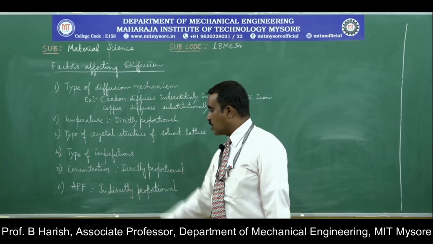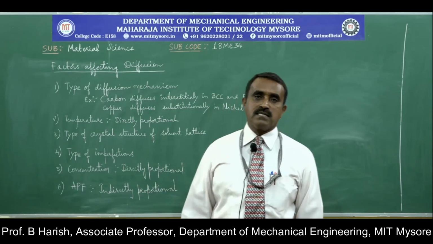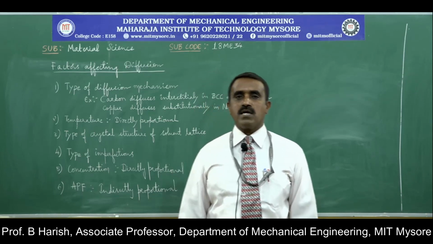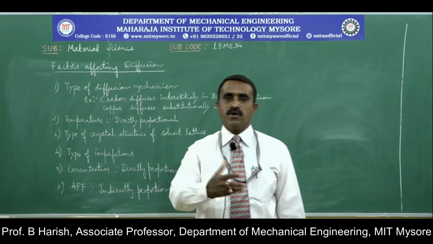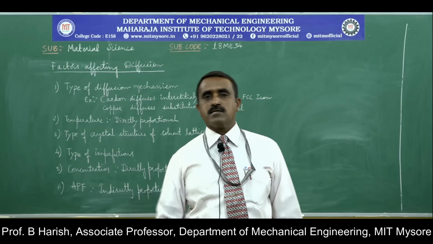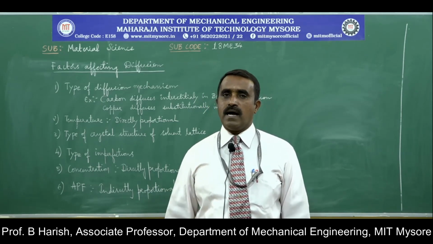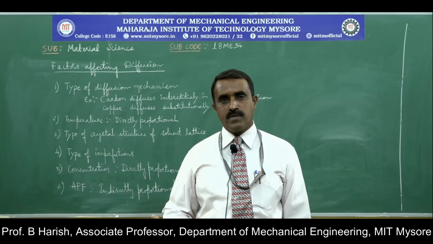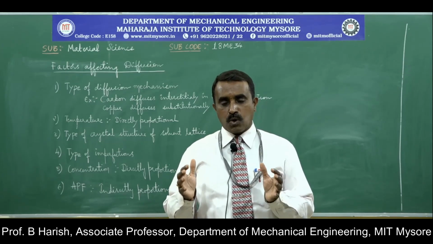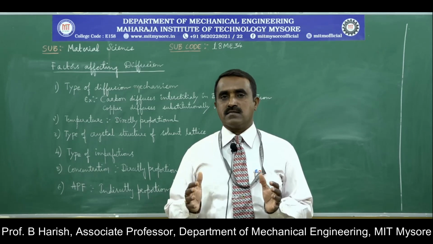And the last one is atomic packing factor. We have already seen what atomic packing factor is. If you take a simple cubic, we get 0.52, meaning 52% of the total volume is occupied by atoms, and the remaining is empty. It tells how closely the atoms are packed in the crystal structure.